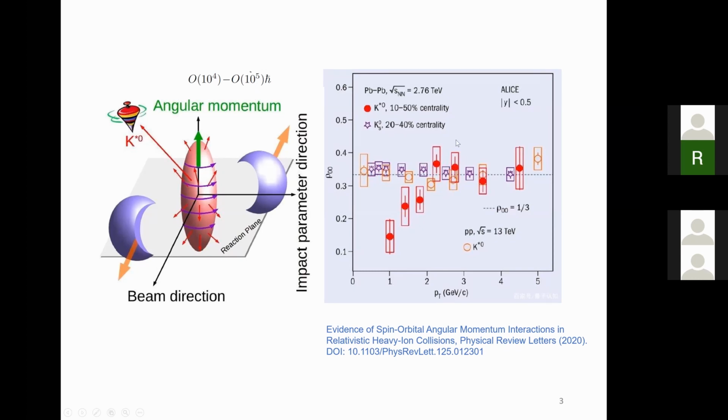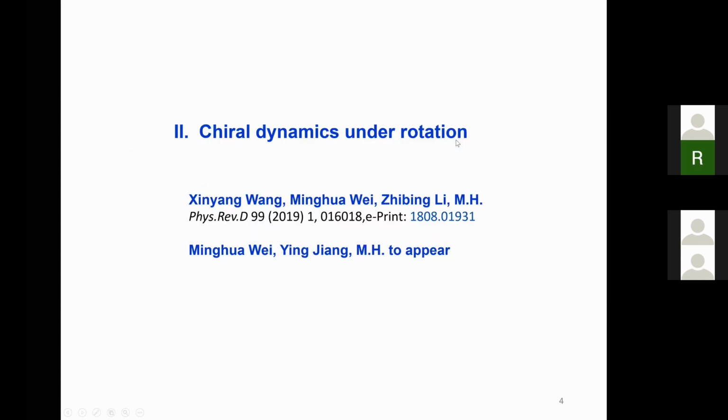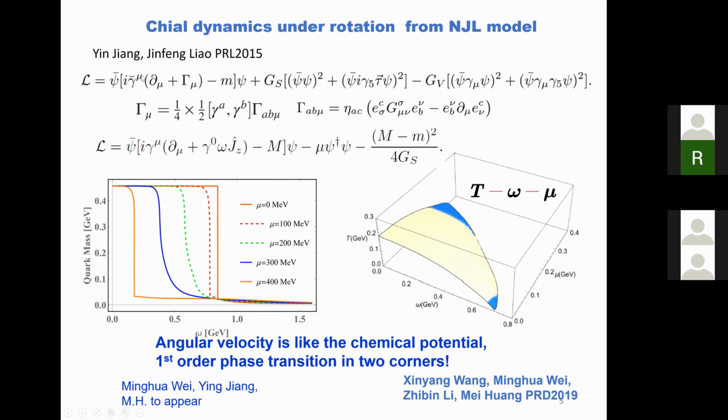Okay, first part I will consider the chiral dynamics and the rotation. For this part, we use the NJL model. We follow the notations in this paper by Jin Feng and Jiang Yin.